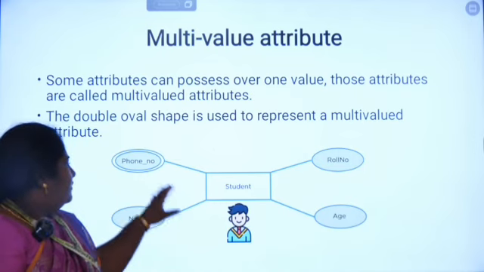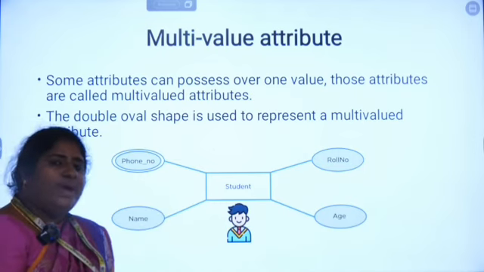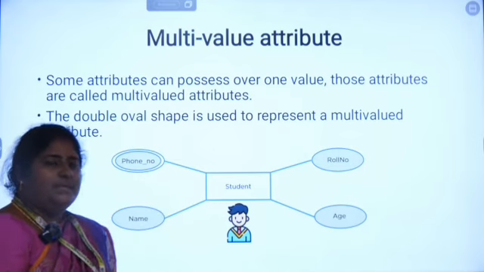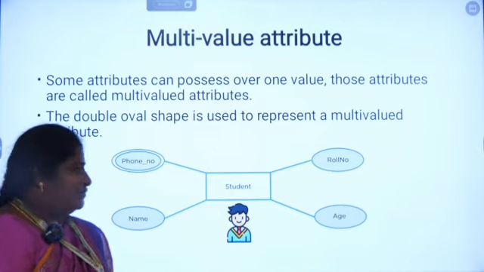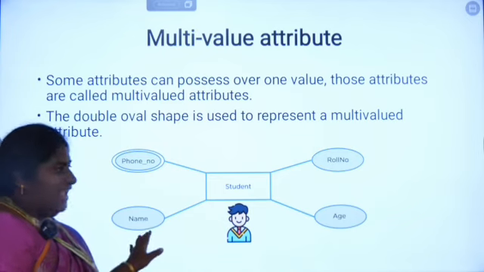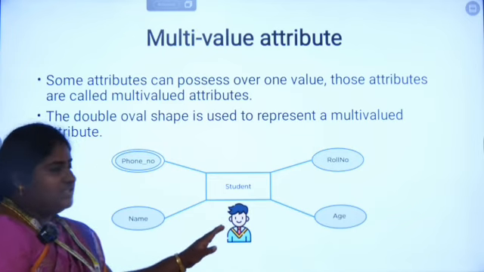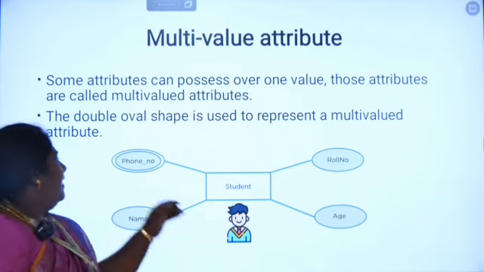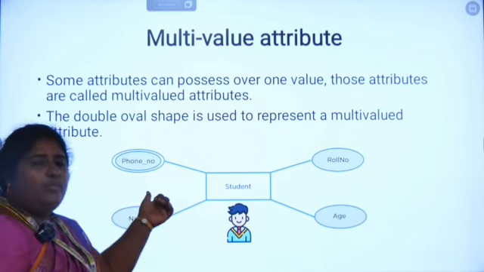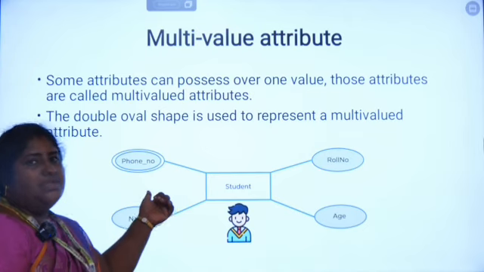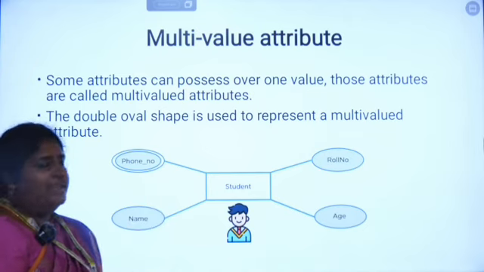So for telephone number, we can have more than one value stored in a particular table. Here, when we create a table for student, we store name, roll number, age with single values, and the phone number is going to have multiple values, that is, more than one value can be stored here. This is specified with a double ellipse.